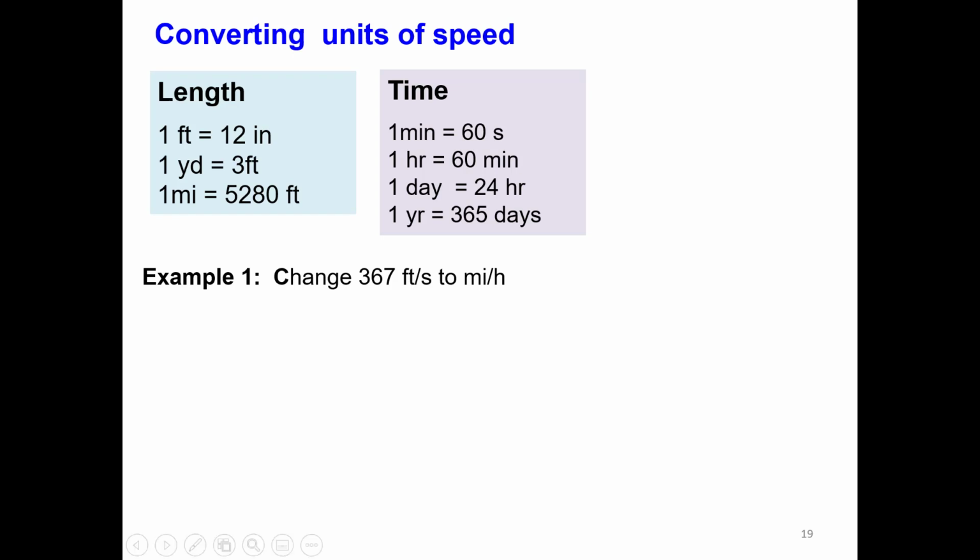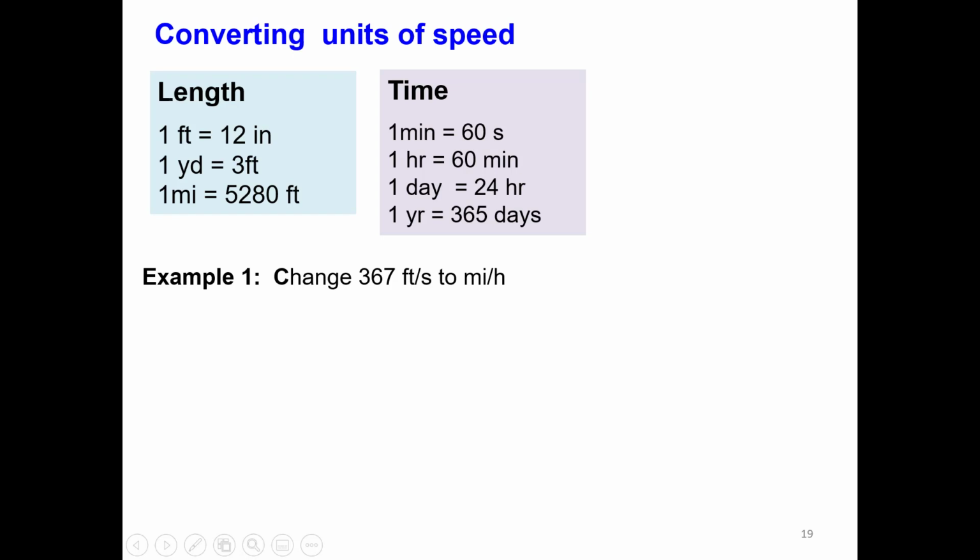Then we want to convert units of speed. We need to remember that speed is defined as distance over time. In this case, the speed will have units of distance over units of time. Units of distance, which is a length, over units of time.